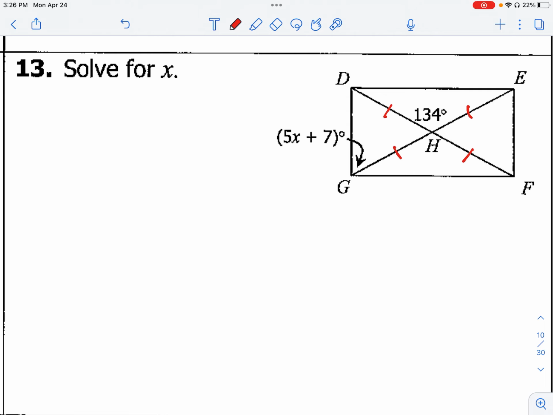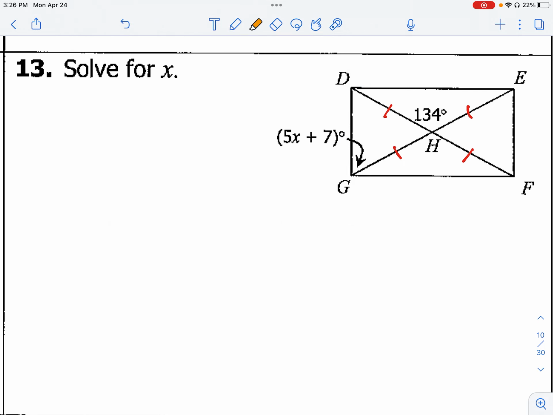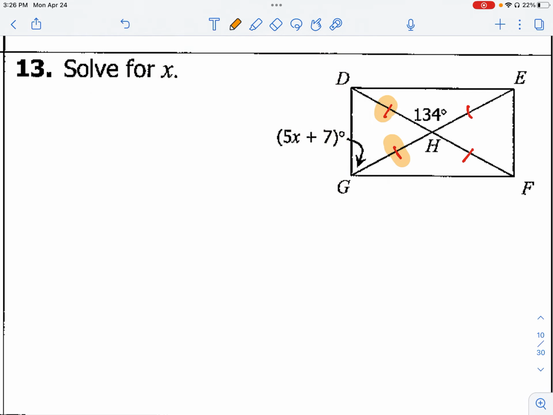And since these are the same, we have an isosceles triangle right here. So angle GDF is also going to be 5x plus 7.